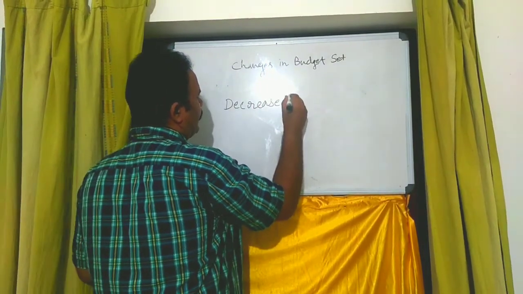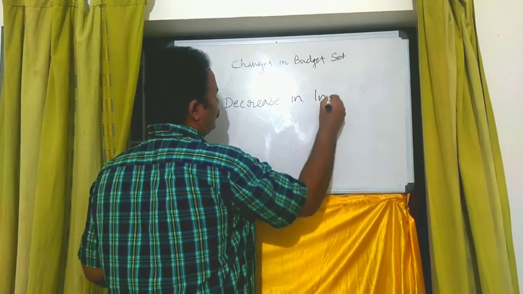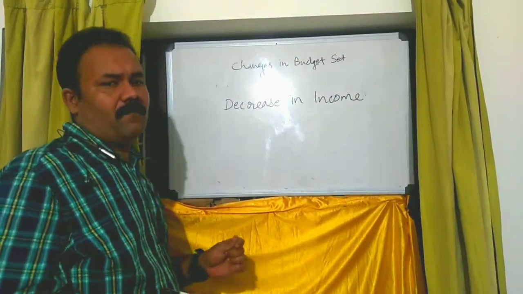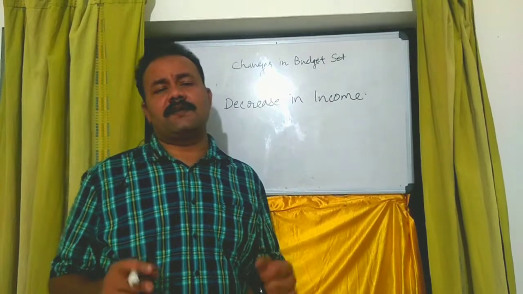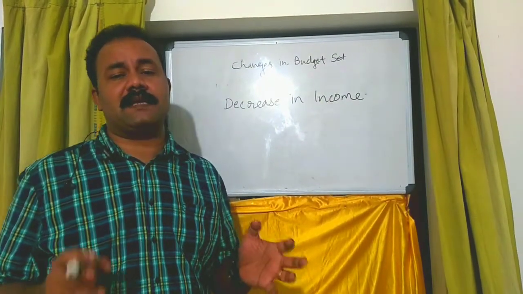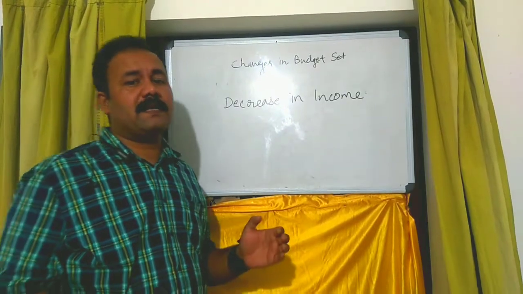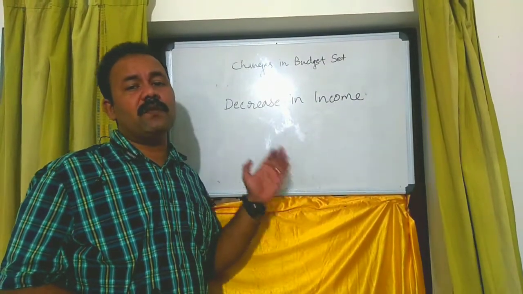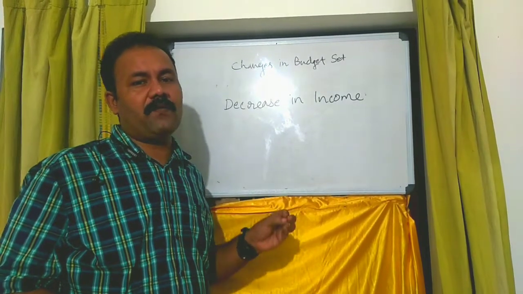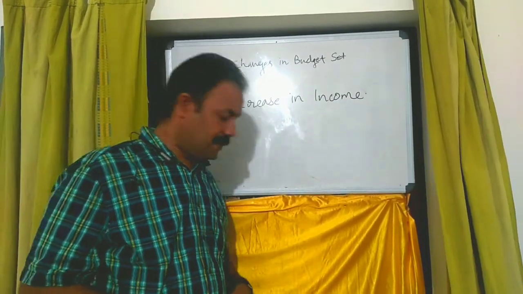Decrease in income. When the income of the consumer decreases and the prices of the commodities remain the same, the budget line will shift to leftward. We can check this with the help of a diagram.